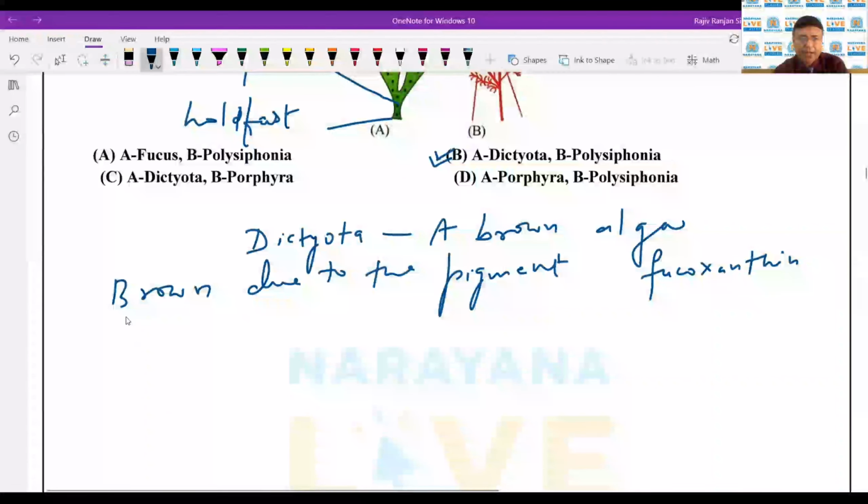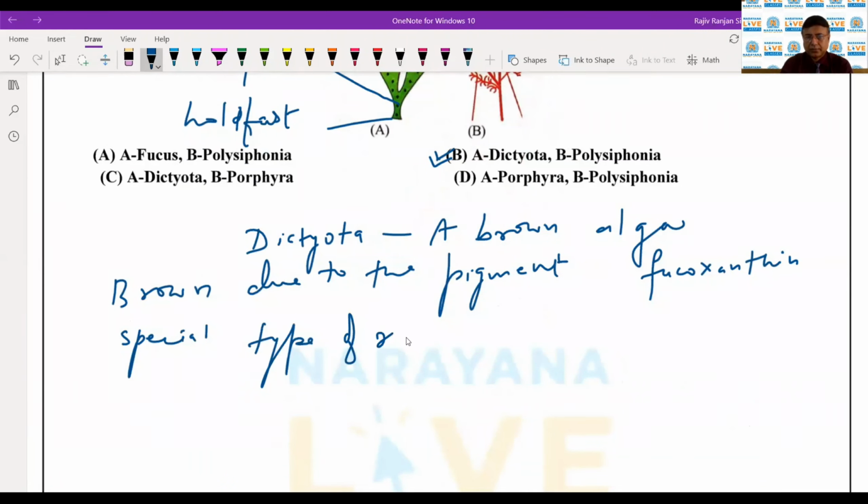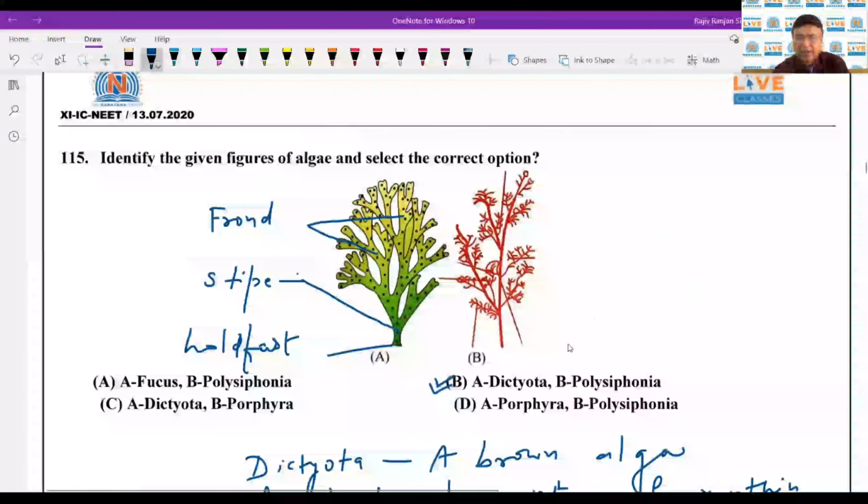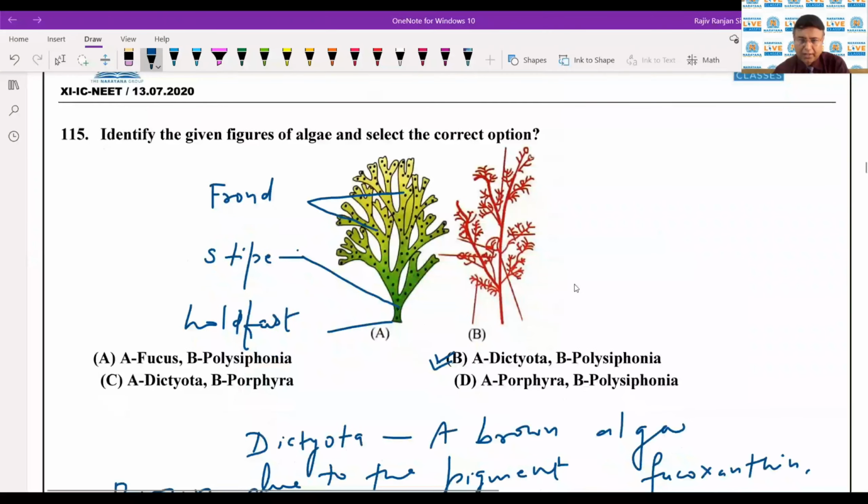It is a special type of xanthophyll. So this just imparts a brown color, and the second figure is that of Polysiphonia, a red alga.